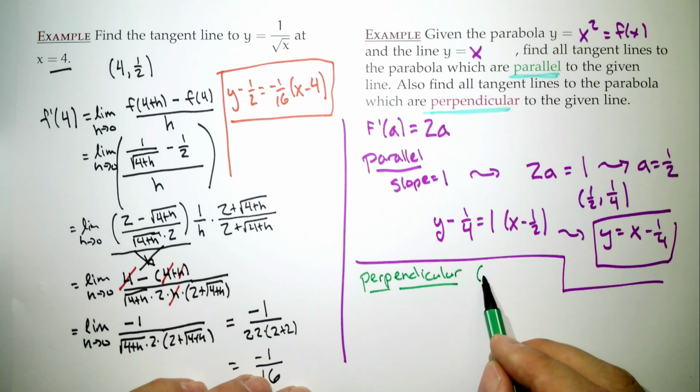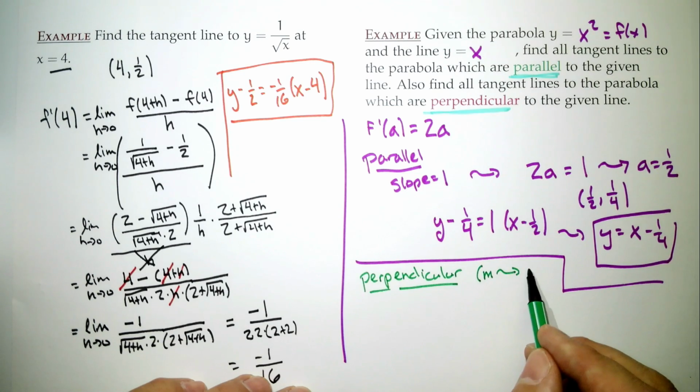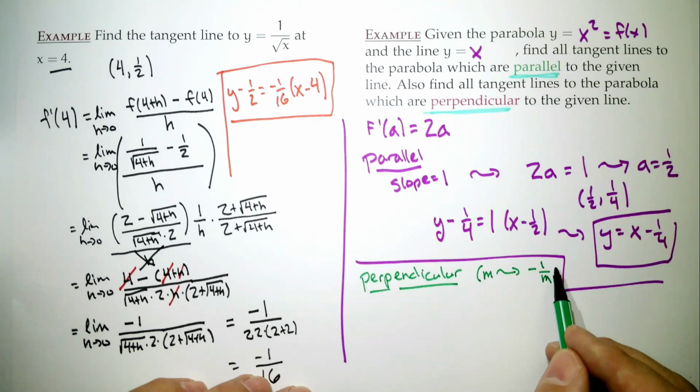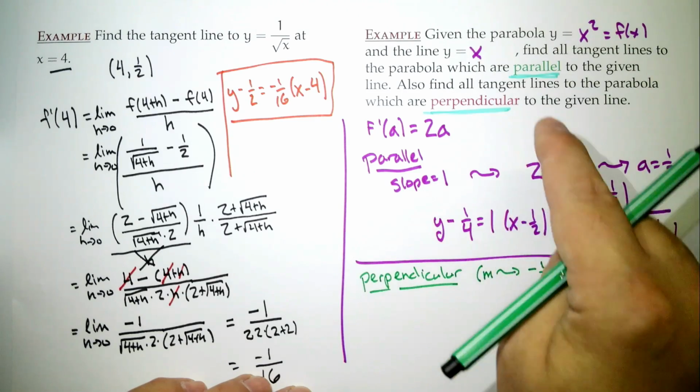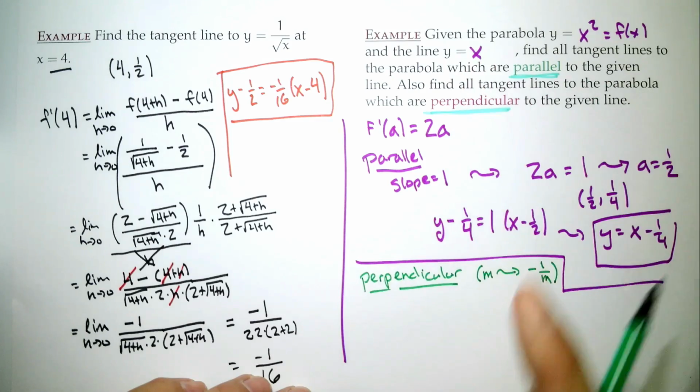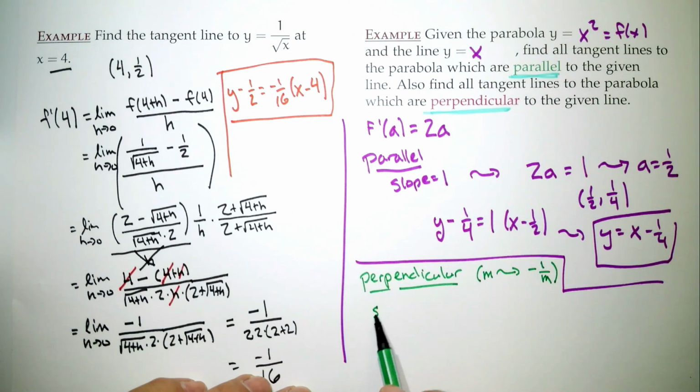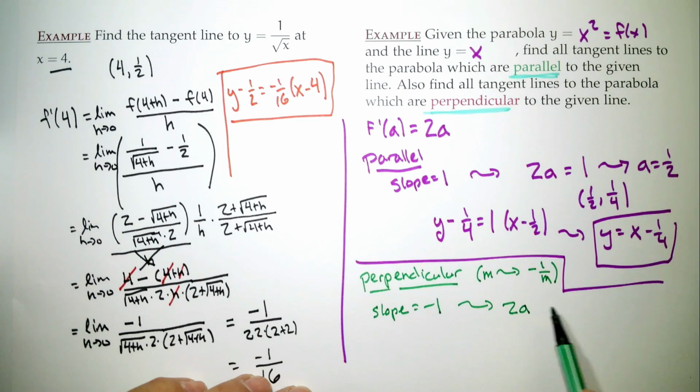So, for example, if I have slope m, then I would flip it upside down and put a negative in front. So for our case, our original slope is 1. So if I want perpendicular, what should my slope be to achieve that? Negative 1. So we do the same process. I need to have that 2 times a, that's my slope at my tangent line, equal negative 1. What should that tell me about a?